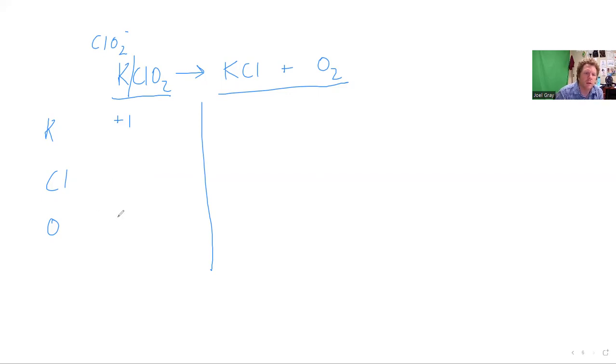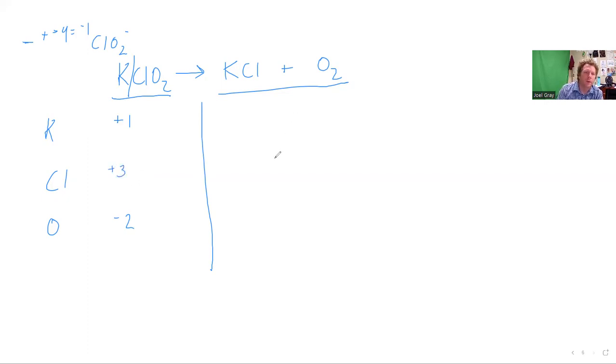We've got 2 of them, so for our oxidation number assignment, we're going to call that 2 times -2. So what do we have to add to -4 to equal -1? And the correct answer there would be +3.